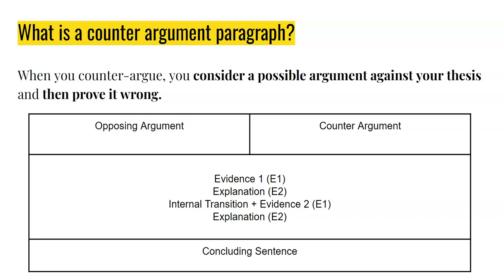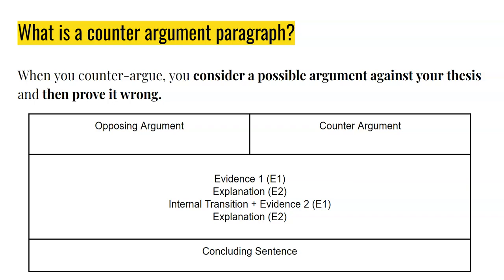The counter argument, you actually start with the opposing argument. So you have to ask yourself, if someone were arguing against me, what would they say? That's the opposing argument. And then you give a counter argument. So you prove that opposing side wrong.